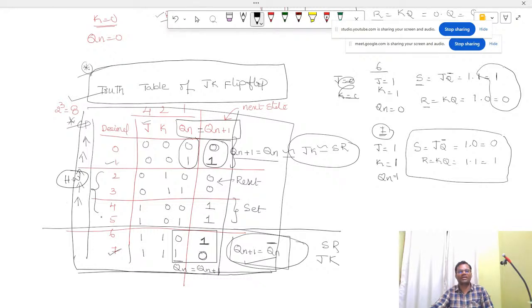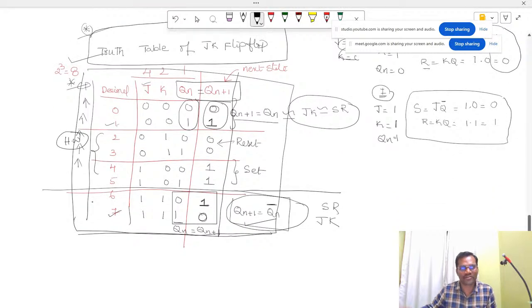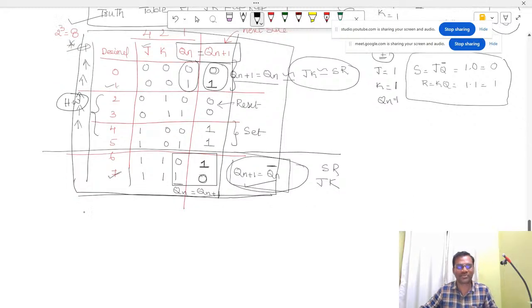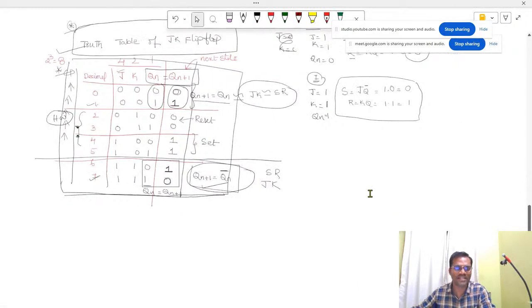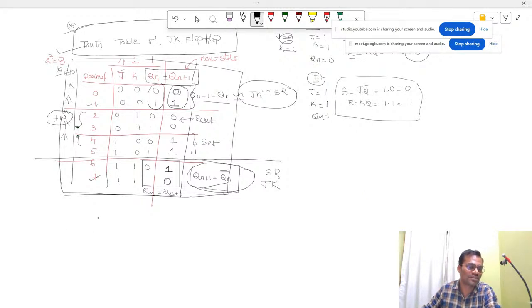Now we have learned 90% of our syllabus. Everyone will remember this table, but sometimes the examiner will not ask for the truth table. He will ask you, give me the characteristic equation of the JK flip flop. Now let's try to do the second step. I think up to here you are confident, yes or no? Yeah, super. Thank you.